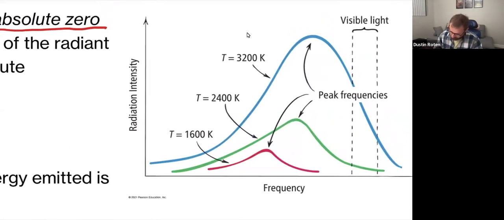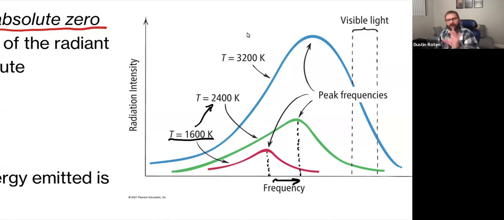All right, we can look at this. So here's our frequency. Let's switch to black. You'll notice that this first frequency is at 1600 Kelvin. Well, if we increase the temperature to 2400 Kelvin, that's going to shift us to another frequency, right? So the frequency also goes up.